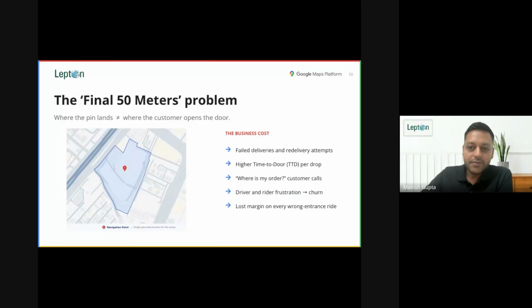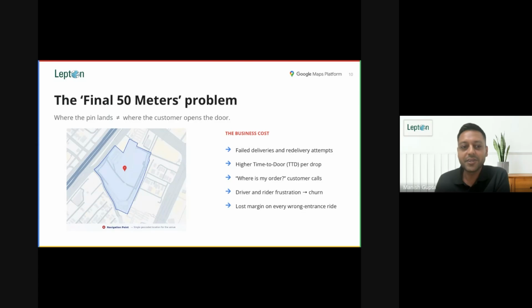Now, quick question, I see a large crowd here, and how many of you ever received a call from your delivery partner or a driver because he couldn't find your gate or entrance or the tower that you are residing in? And I bet 90% of you would say yes. Now, just multiply that by 10 million plus deliveries that happen in India every day.